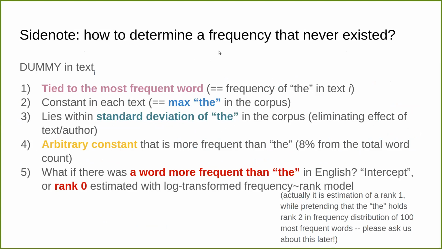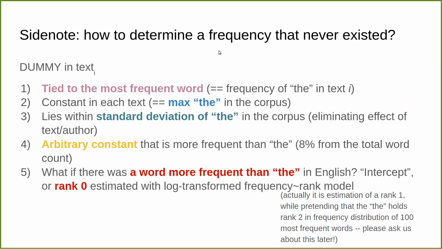And again, as I promised, the mind-boggling question of how to determine the frequency of a word that never existed. We play here with several approaches that are not very optimal. And this is itself a very interesting problem, because obviously language is informationally efficient, and there couldn't be a word more frequent than "the," for example.